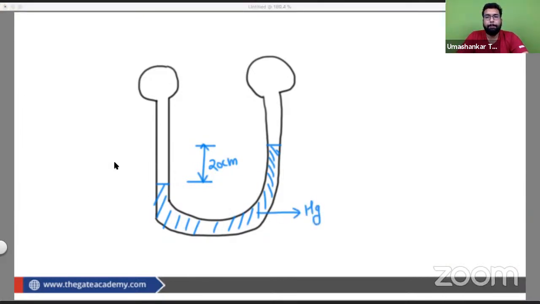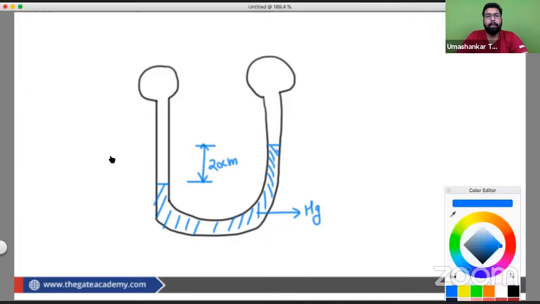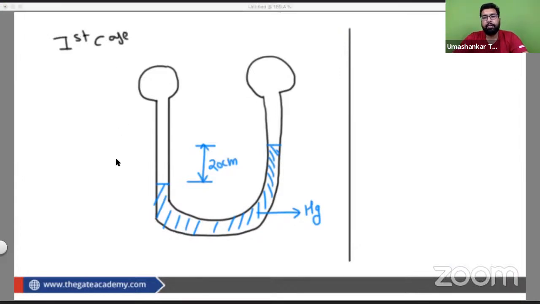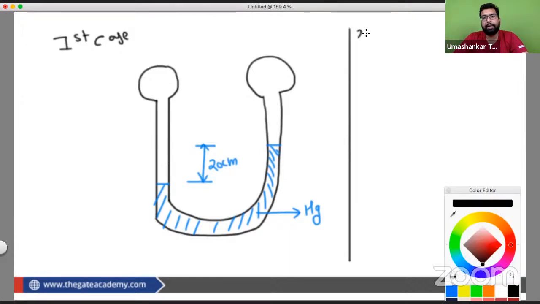Okay. Now let me make it here again. This is the first case in which we have written the first equation, and this is the second case in which the level of mercury is supposed to be same in both the limbs.